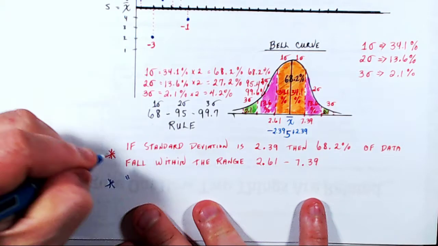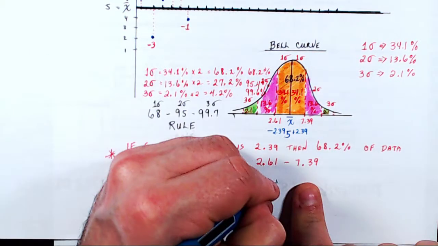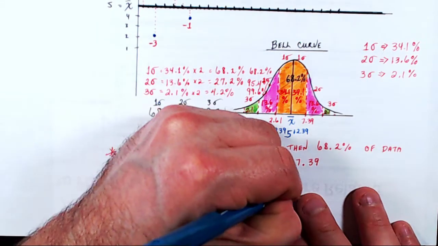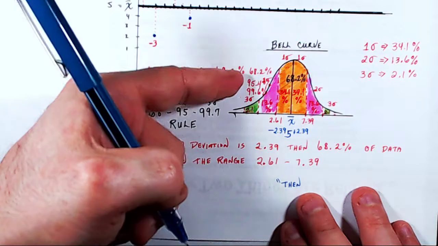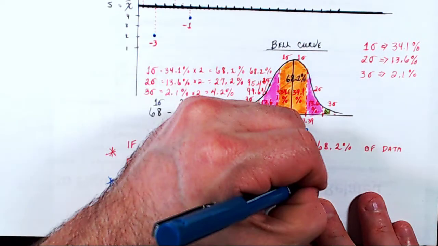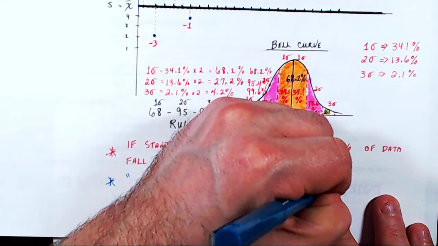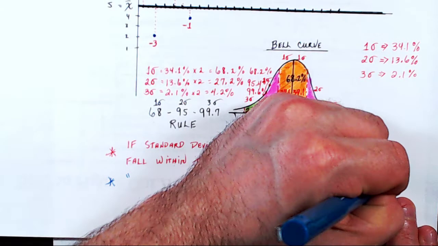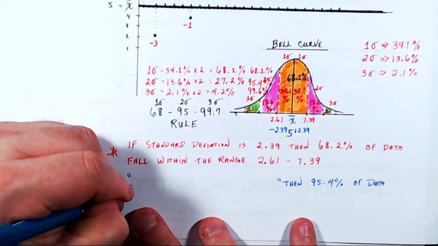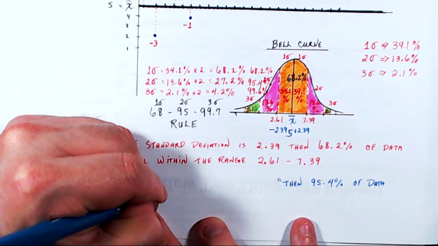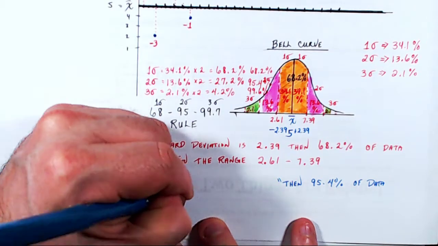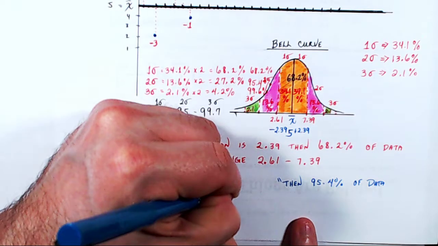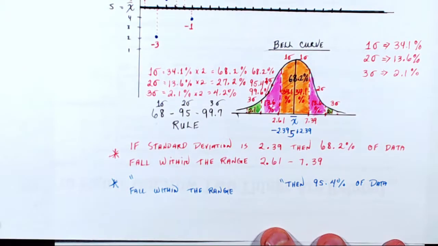Say, if standard deviation is 2.39, so that's all the same, then 95.4% of data fall within the range. Well, this is two standard deviations.